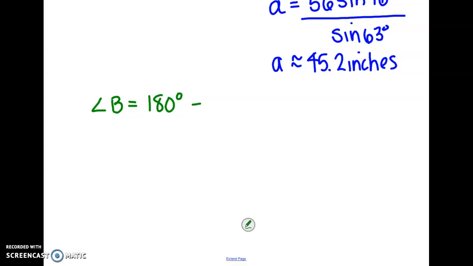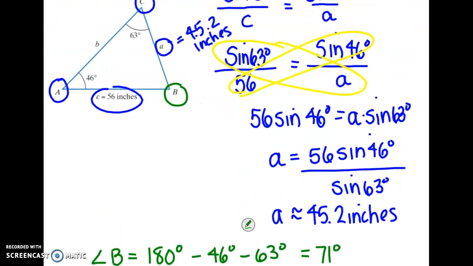We know angle A, which is 46 degrees, and angle C, which is 63 degrees. We simplify that to get angle B to be 71 degrees. All right, so go back up to your picture in your triangle and label that 71 degrees.